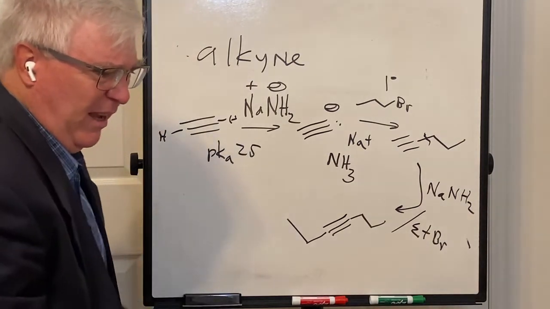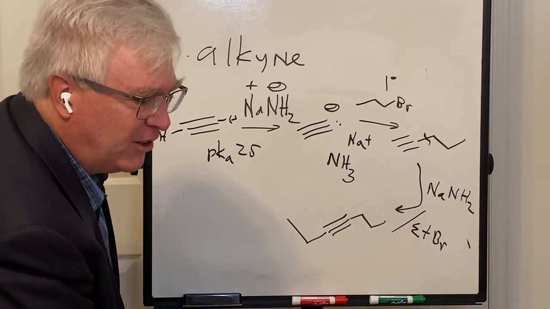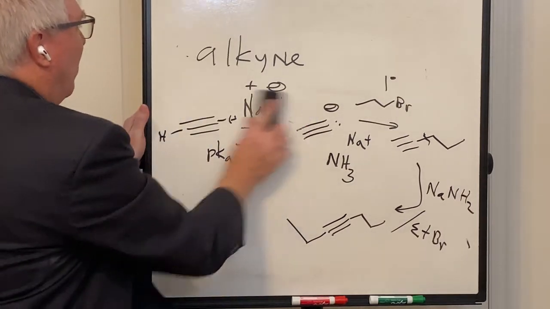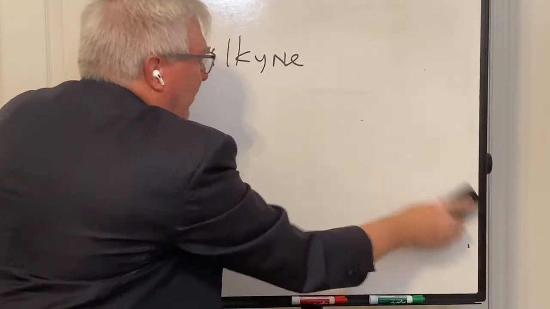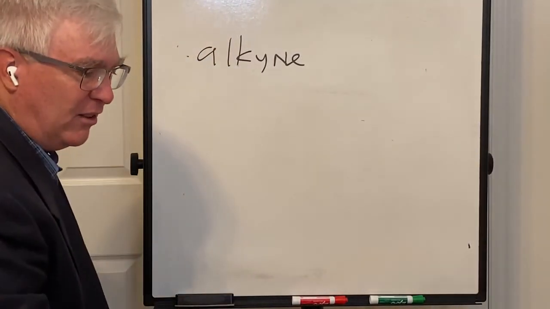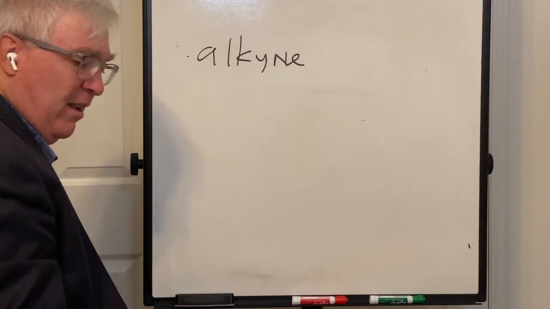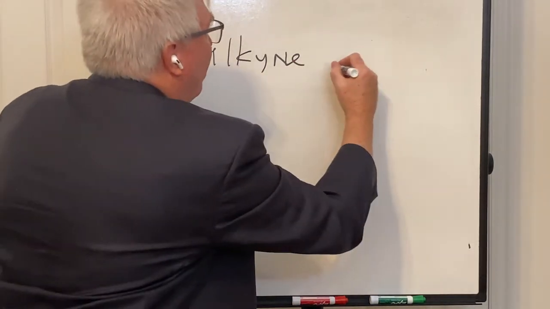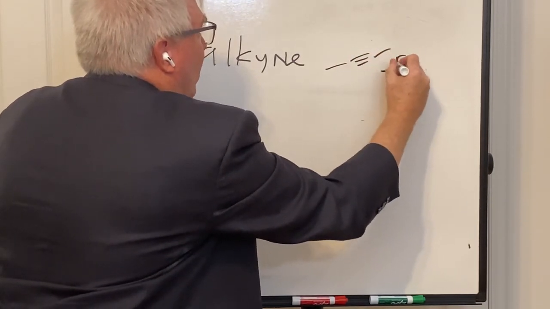Let's get into the other reactions: hydrohalogenation, halogenation, hydration, and hydroboration. And we'll go kind of quick through some of these reactions. They're very similar to the alkene reactions, so we don't need to spend too much time on them. Here's the general idea, right? We're going to have electrophiles, okay?